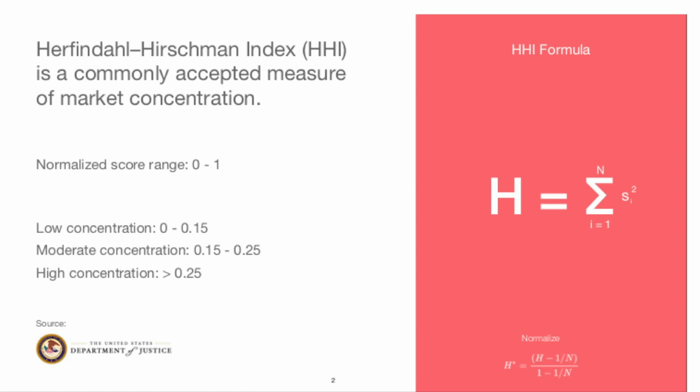A score between 0.15 and 0.25 is a moderate risk. And a score over 0.25 reflects that a few coin holders hold a large portion of coins. So if one of them decides to sell part or all of their holding, it can influence the coin price significantly.